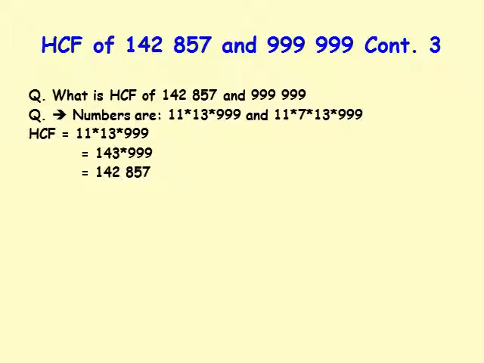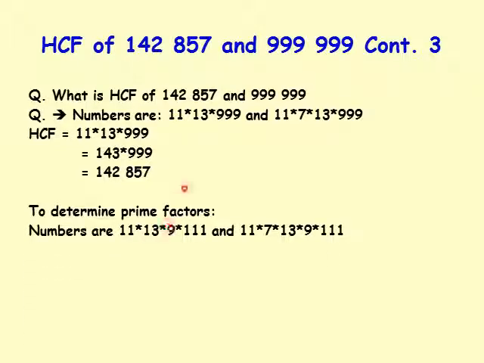So let's do the prime factors now. 11 is prime and 13 is prime. 999 is not prime, so let's split that into prime factors. First of all, I know that 9 is a factor of 999, so it's 9 times 111, and 9 times 111. And 9 is not prime, but 9 is equal to 3 times 3.